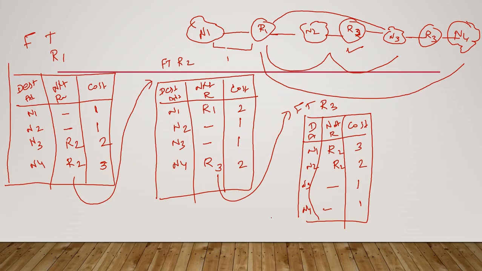Now the path is identified to reach network 4: router 1, router 2, router 3, then network 4. So like that, the tree is going to be identified. Okay, so forwarding the packets does not need updating the changes of the routes.